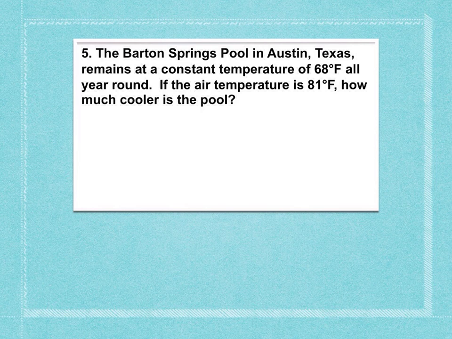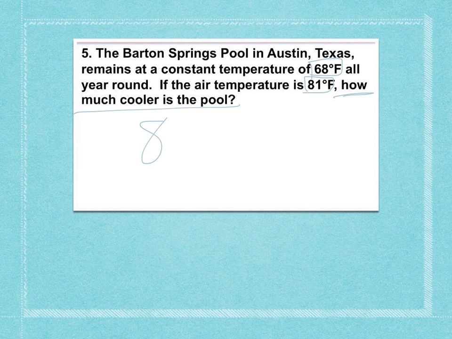The last question on this video says the Barton Springs pool in Austin, Texas remains a constant temperature of 68 degrees Fahrenheit all year round. If the air temperature is 81 degrees Fahrenheit, how much cooler is the pool? So I need to figure out how much cooler the pool is than the actual outside temperature. The outside air looks like it's 81 degrees, and the temperature of the pool is 68.